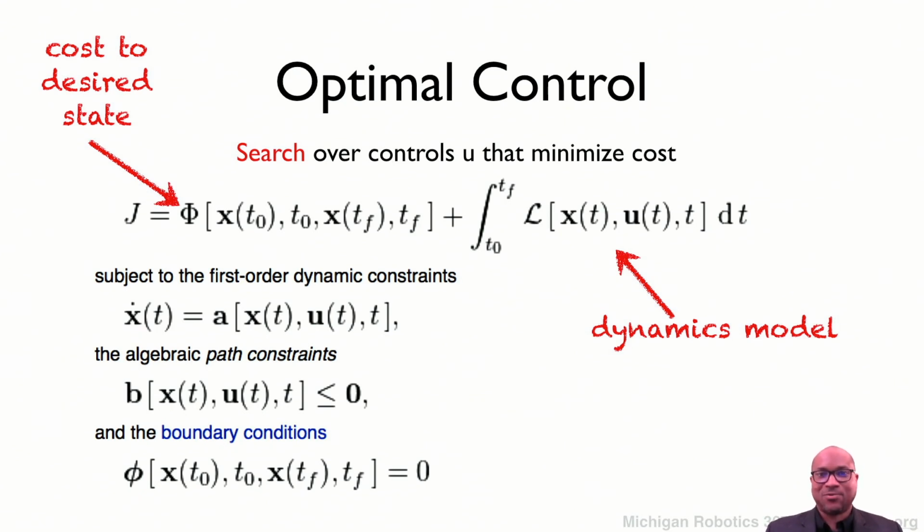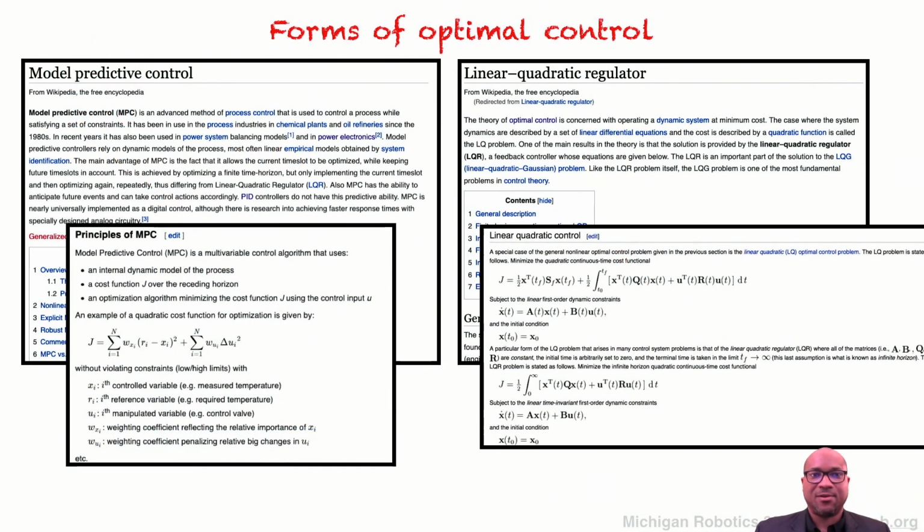That would be the actual dynamics of your system. And so optimal control gives us an expression for doing this. There are many different types of optimal control. At Michigan, I hear a lot about model predictive control, and in other spaces you'll hear about linear quadratic regulators. Those are viable approaches to think about control as a search problem.